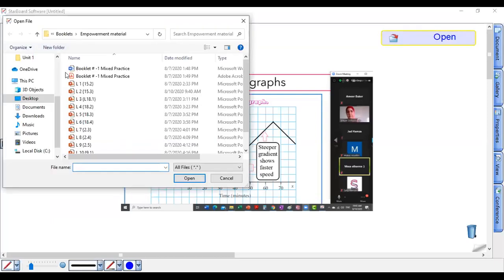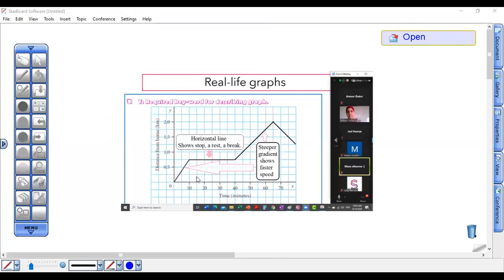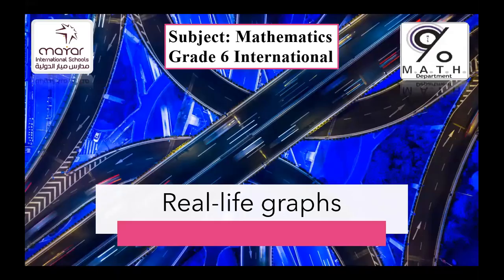I will open the file from here. Do you see the PowerPoint presentation? Masa, yes. Jad, yes. Okay, one more time. I'm sharing the screen. So all of you, you can see it. Okay, can you see me writing?